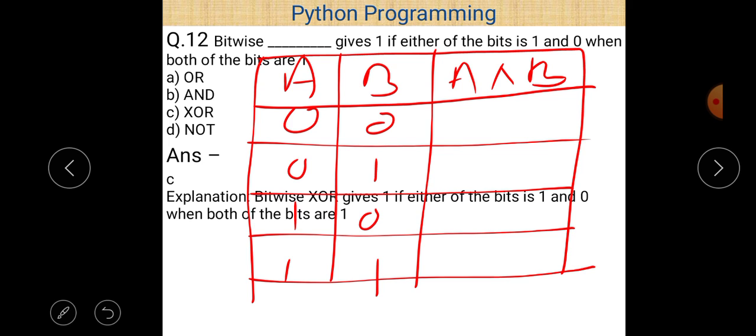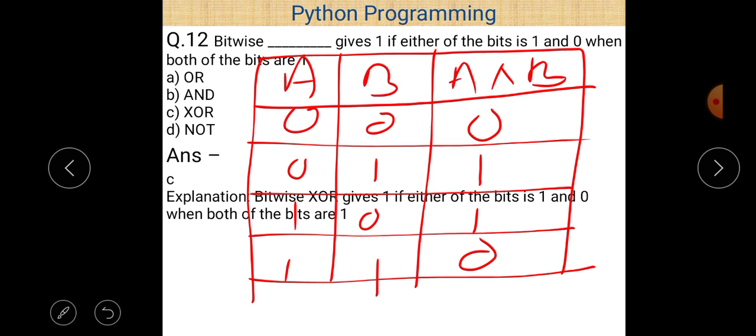So in the first case you can easily see that 0 0 is there, it means output is 0. In the last case 1 1 is there, both values are the same again, so 0 is again the output, and in the remaining cases output is 1. So that is the truth table of XOR.